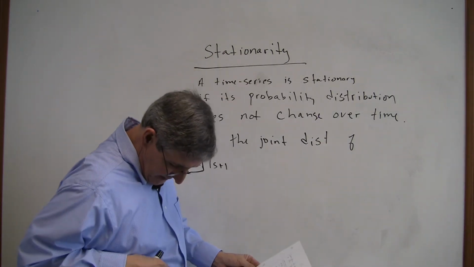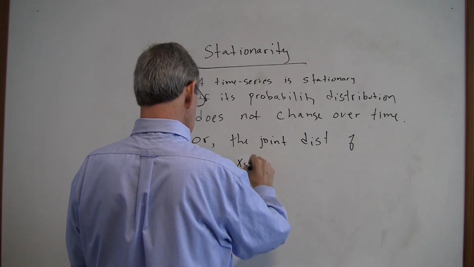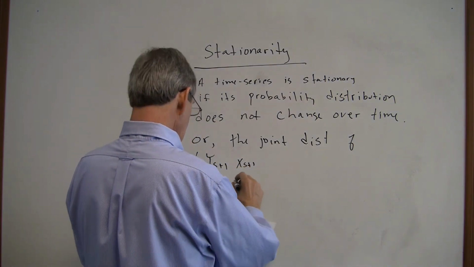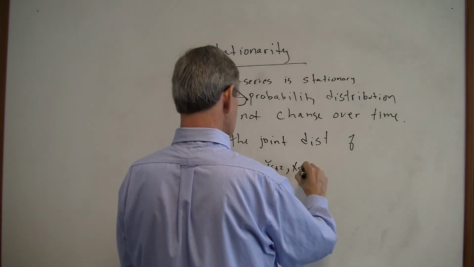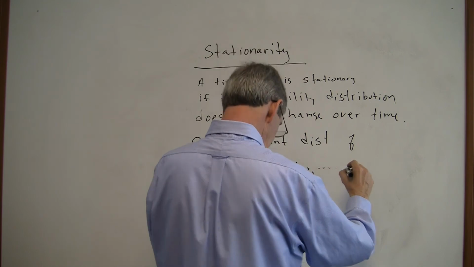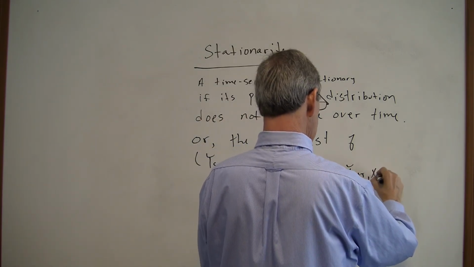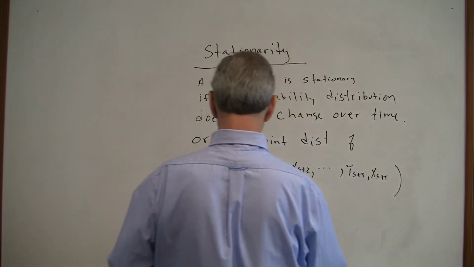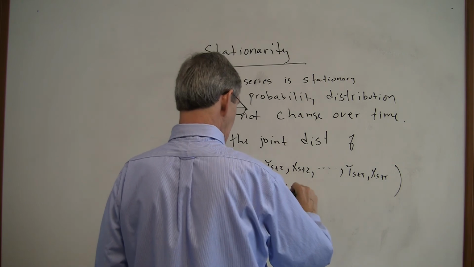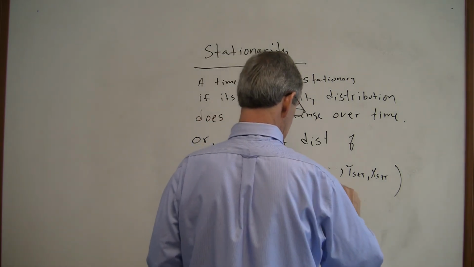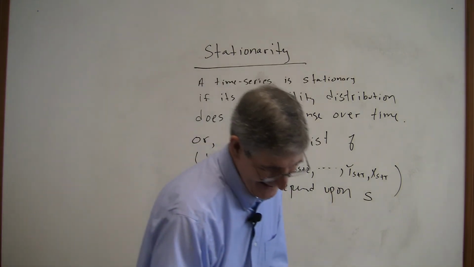The distribution of y_{s+1}, x_{s+1}, y_{s+2}, x_{s+2}, all the way out to y_{s+T}, x_{s+T}, does not depend upon s. So what is that saying?